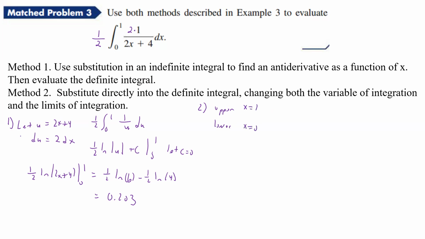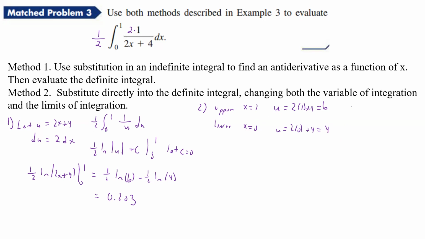Well, we're going to use the same u equals 2x plus 4 and du equals 2 dx. So if x is equal to 1, u is equal to what? That's 2 times 1 plus 4, so that's 6. And here, u is 2 times 0 plus 4, so that's 4. So our new limits, instead of going from 0 to 1, are going to go from 4 to 6.